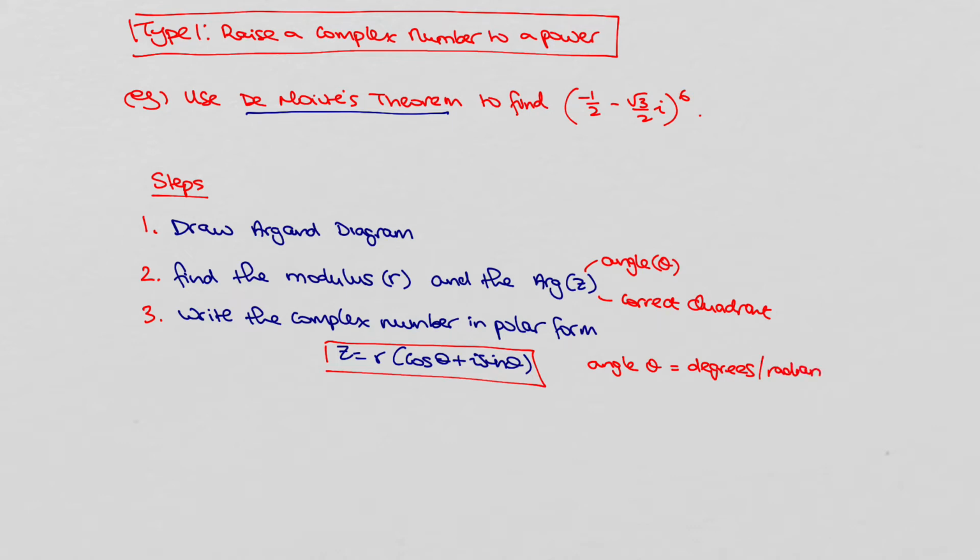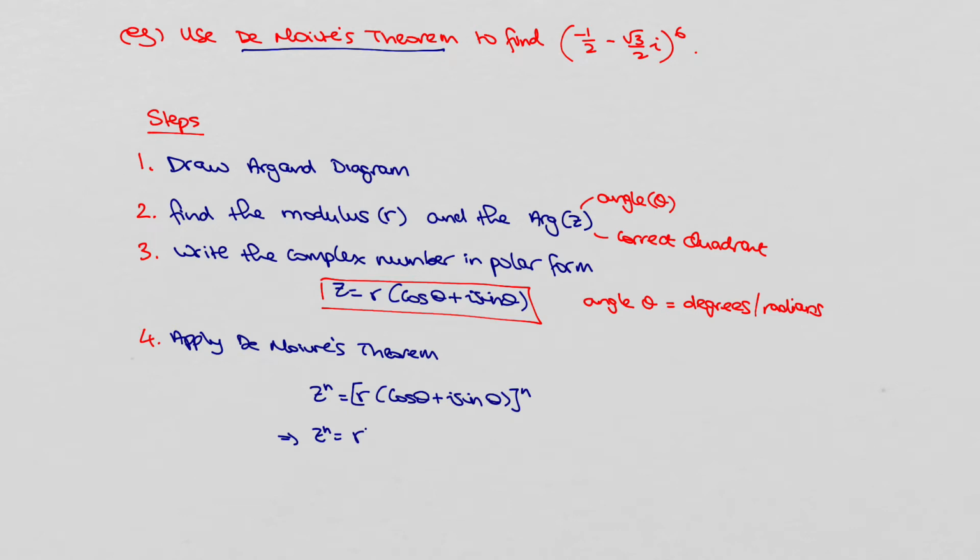So choose one, but you have to be able to read radians. So our last step then is to apply de Moivre's theorem. So in other words, we take that complex number in polar form, raise it to the power of n, which by de Moivre's theorem means that we take the modulus and raise it to the power of n and multiply the angle by the power.